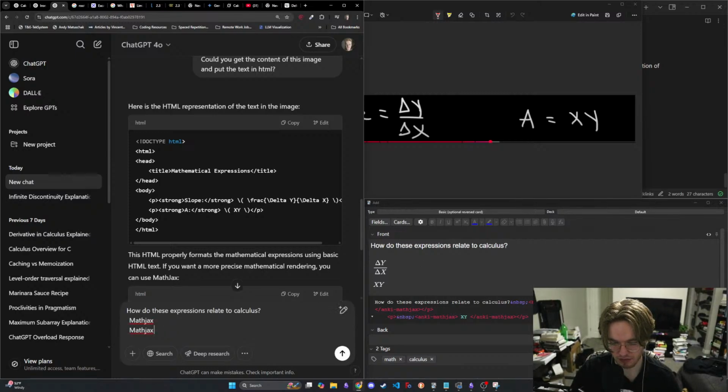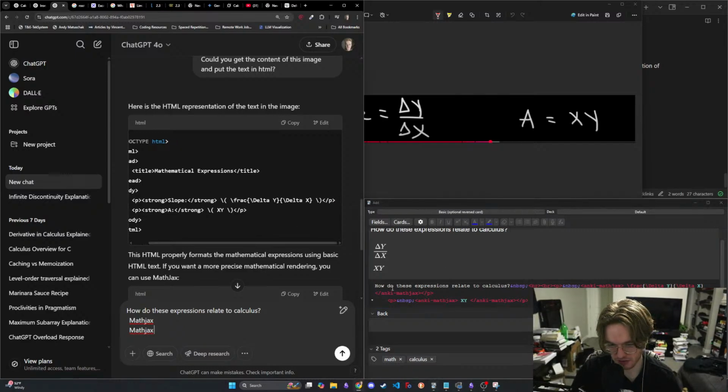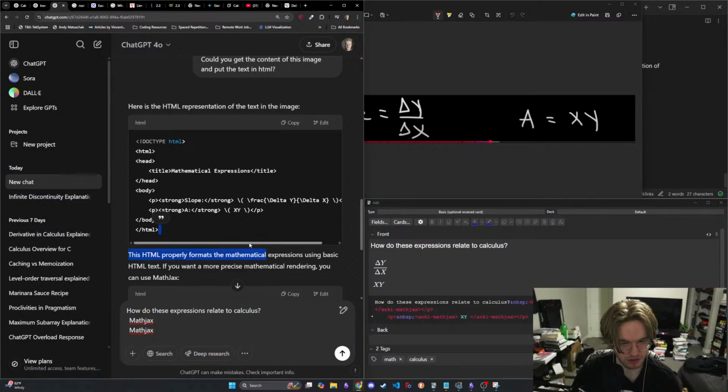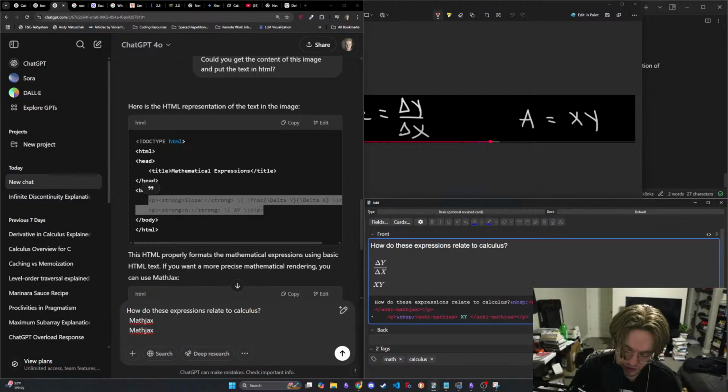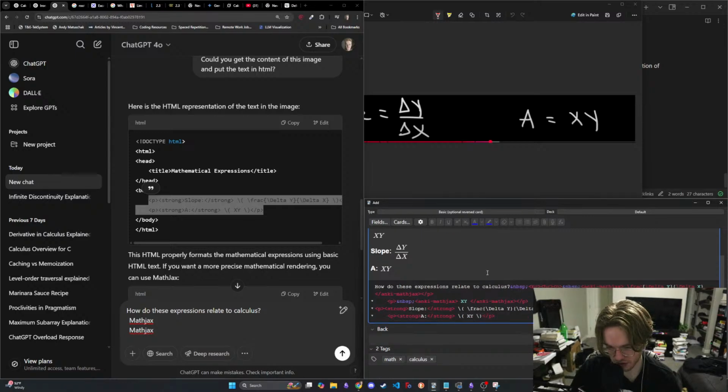What? Oh, I don't want Anki MathJax. Why did it do that? Okay, looks like it automatically... No, it does not automatically do that.